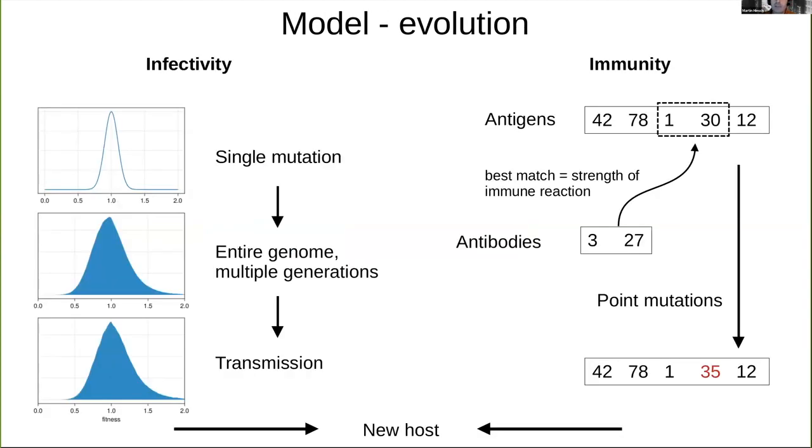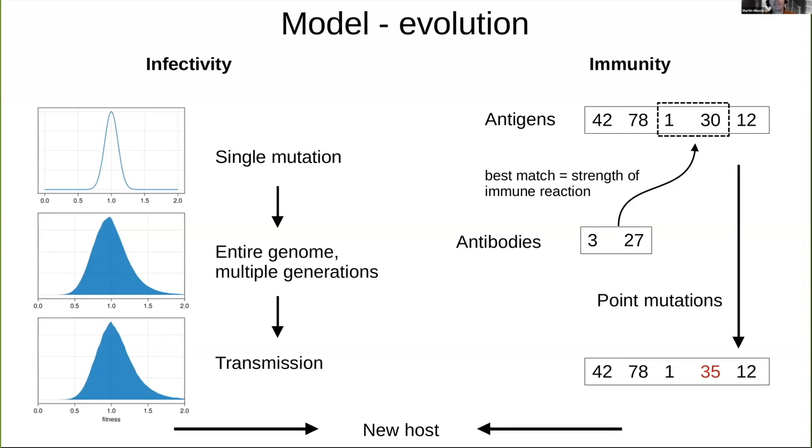Now, on the evolution side, those are essentially two parts. First, we have the infectivity of the pathogen. We essentially assume that infectivity is determined by point mutations that can happen simultaneously and happen over several generations.